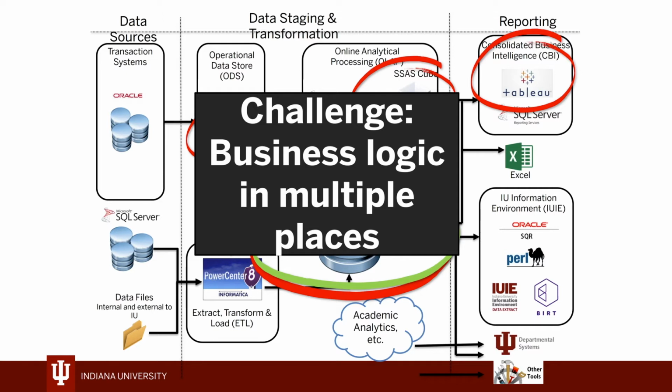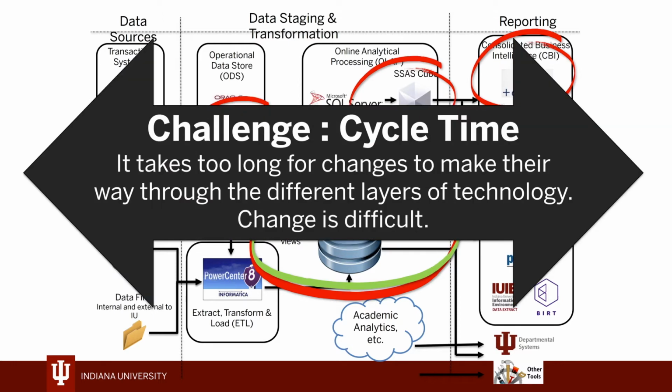So challenges, of course, in a diagram like this is that you have your business logic spread out in multiple places. It could be in your reporting tier, it could be in your ETL tier, and how do you begin to make sense of that and make sure that when you do summaries or totals, things are adding up across divisions and reports? Another challenge is the cycle time. Like so many folks have experienced, it wasn't uncommon to say, let's gather requirements for 6 months, and then go back and do the development for 6 months of moving it through this stack, first getting the data and then writing the ETL and all of the various components.